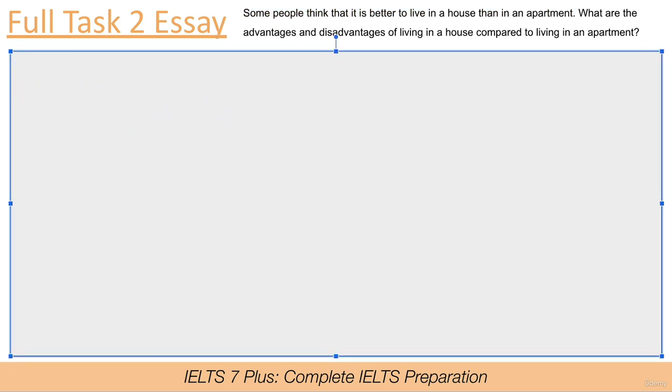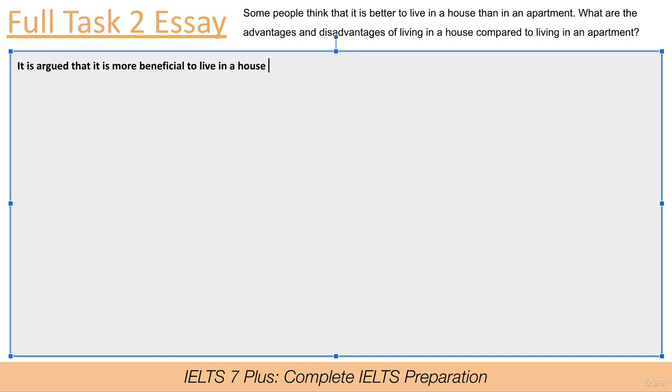Some people think that it is better to live in a house than in an apartment. We could say something like, it is argued that it is maybe more beneficial to live in... it's difficult to paraphrase house because we don't want to lose the meaning. So I'm going to keep that word in, and that's okay.